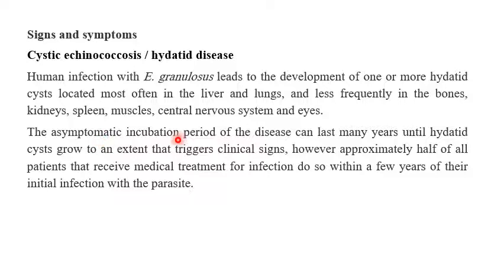The asymptomatic incubation period of the disease can last many years until hydatid cysts grow to an extent that triggers clinical signs. However, approximately half of all patients that receive medical treatment for infection do so within a few years of their initial infection with the parasite.